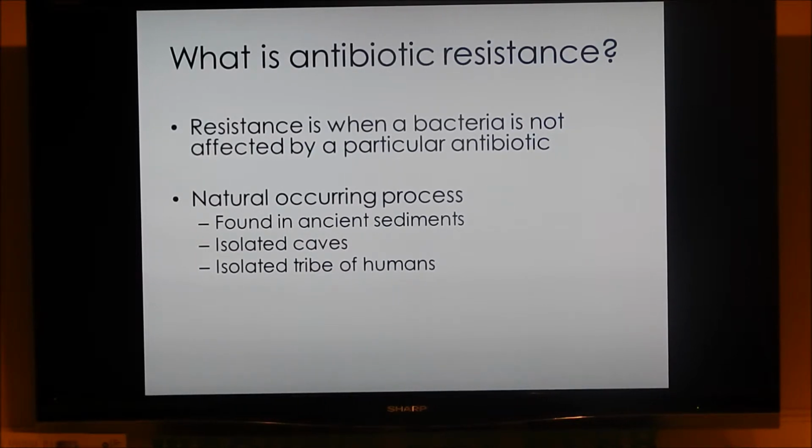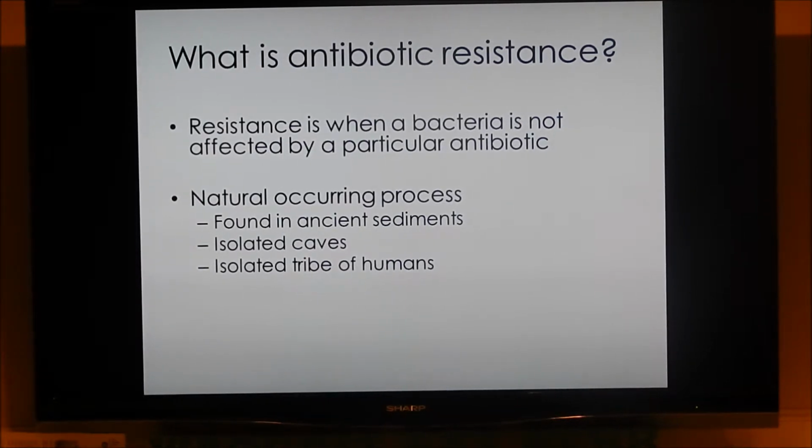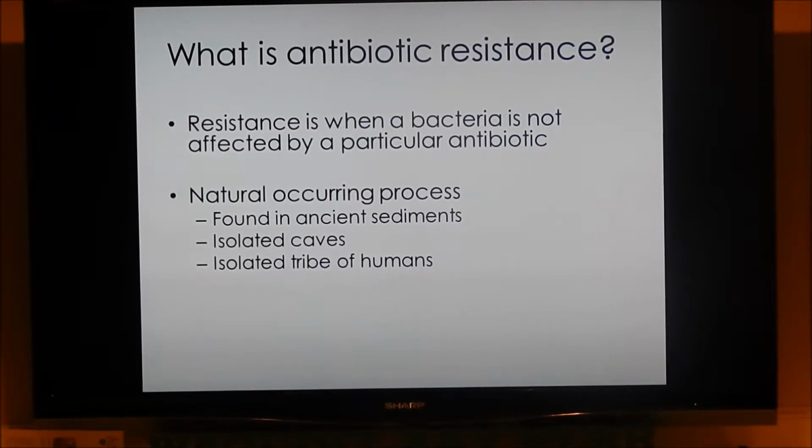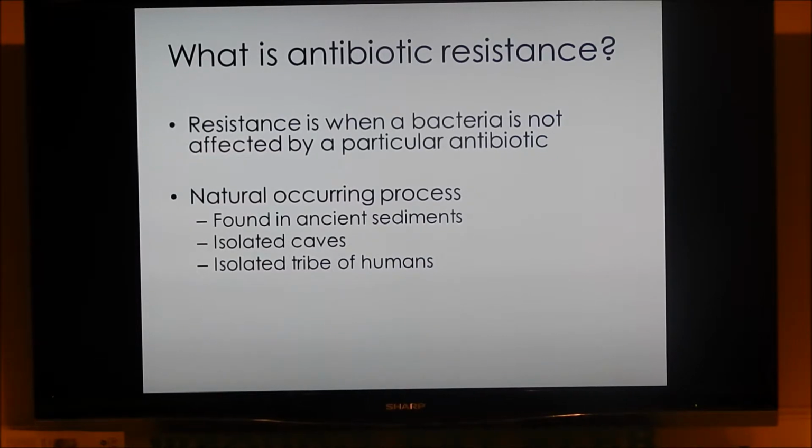Or maybe they're sending a signal to other bacteria to get away or to kill them. So it's also thought of as a kind of biological warfare. Maybe this one bacteria is secreting these antibiotics to kill off other bacteria around them so that they can have that environment for themselves. But that is still being studied, and it might be a variety of those things.